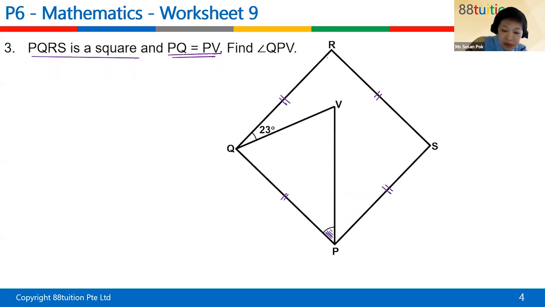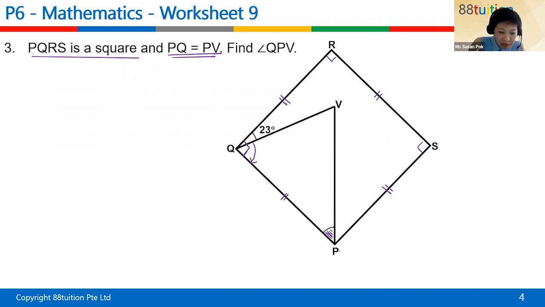So first thing first, you must know the properties of the square. The properties of the square is they have 4 right angles from here to here. You see. So after that, what can you do first? This is 90. You'll be able to find this angle, right? Then after that, what is next?